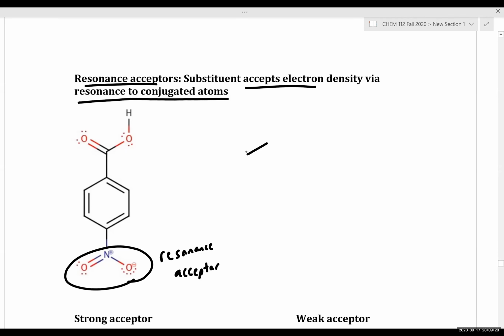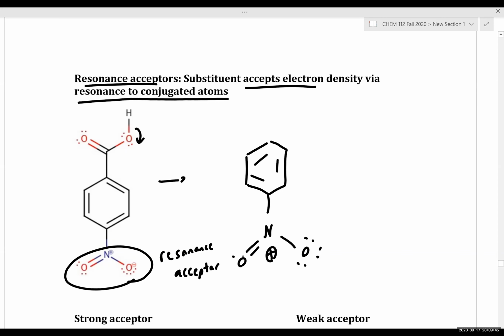What do I mean by that? Well, if we generate an anion of the following molecule, this nitro group, even though it's all the way on the other side of this molecule, is going to have a pretty dramatic effect on stabilizing this anion.